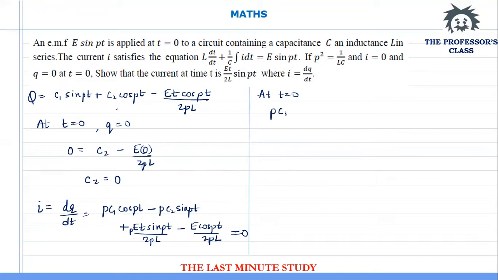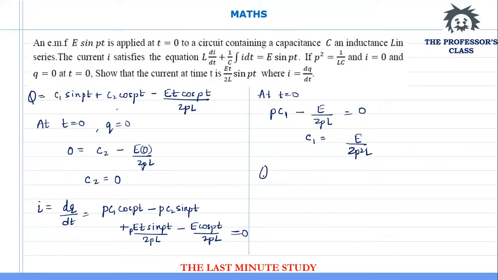So I'll get PC1 minus E by 2PL equals 0. Or this turns out to be C1 equals E by 2P square L. So I got the value of C1 and C2 now.